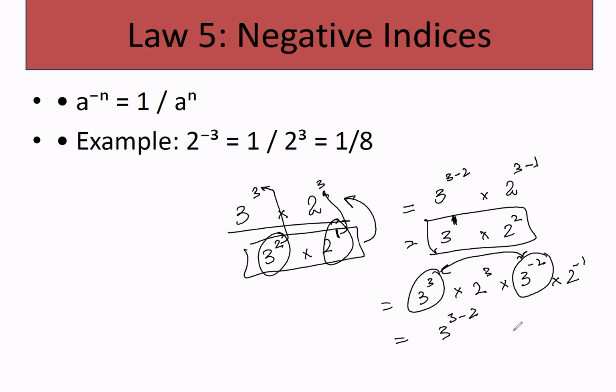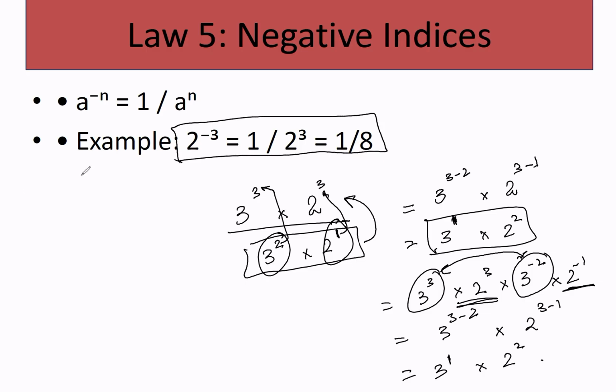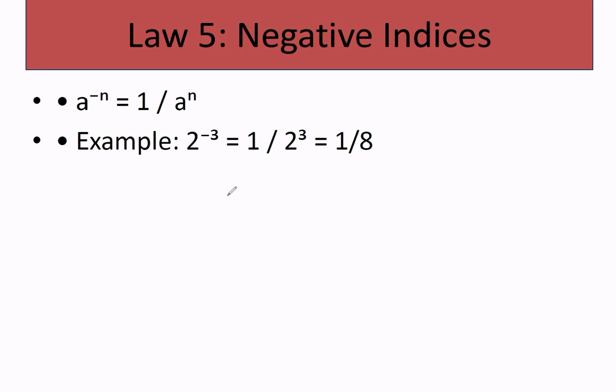So 3 minus 2, same base, powers added, 3 minus 1. Again, your answer will be the same. So that same rule is applied over there. What's the rule applied over here? It is that you are changing the position of this 2 cube. 2 minus 3, when you change the position and bring it into the denominator, it will become 1 over 2 cube, which is 1 over 8.